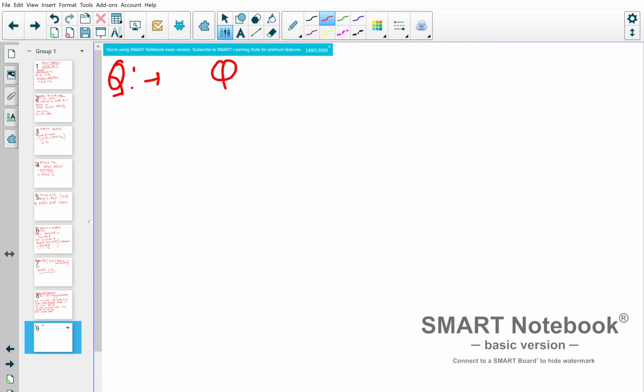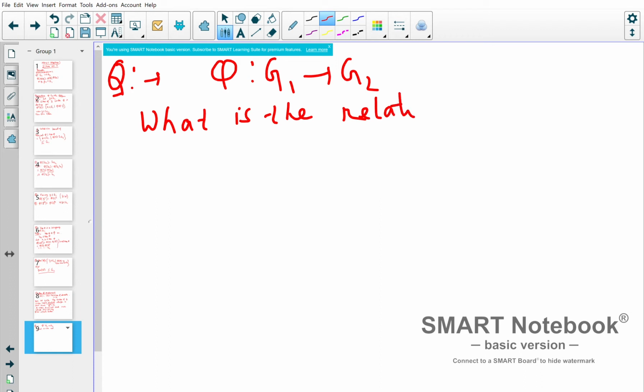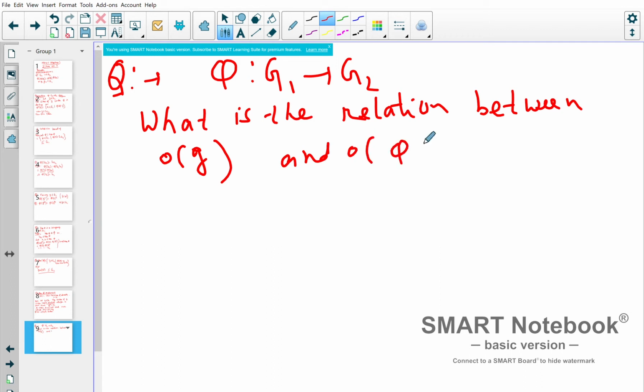You have a homomorphism phi from G1 to G2, and you can ask: if you choose an element g, what is the relation between the order of g and the order of the image phi of g?